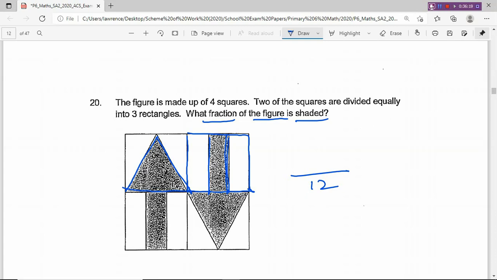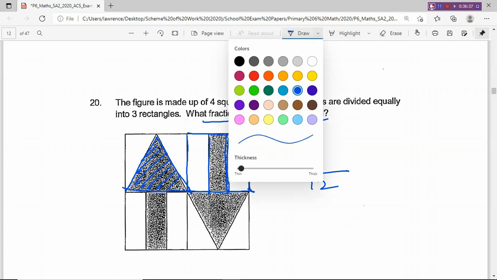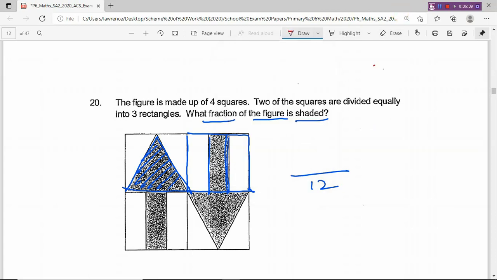So how many rectangles make up this shaded triangle? Well, I know that a square has 3 rectangles inside, and this shaded triangle is actually half of a square shaded. But how do I know that? Very simple. I can draw this shaded triangle into a right angle triangle, which also has the same area as the shaded triangle. So I draw the base for this right angle triangle, and the height I draw over here, same height as the shaded triangle.